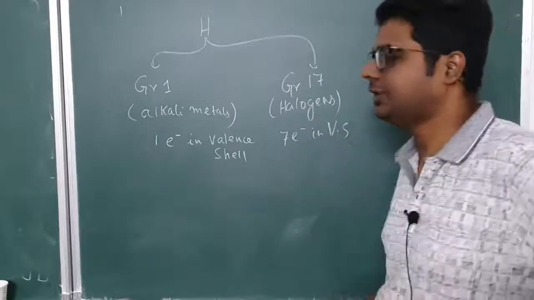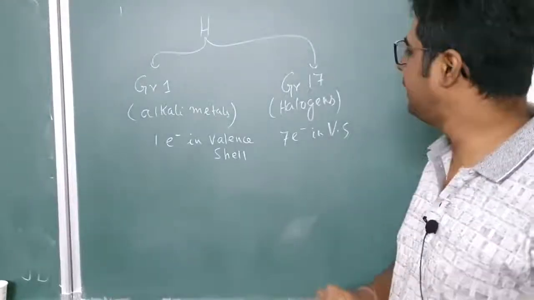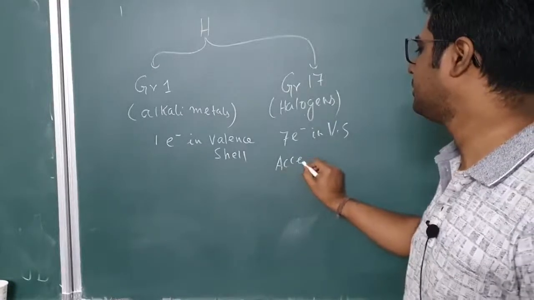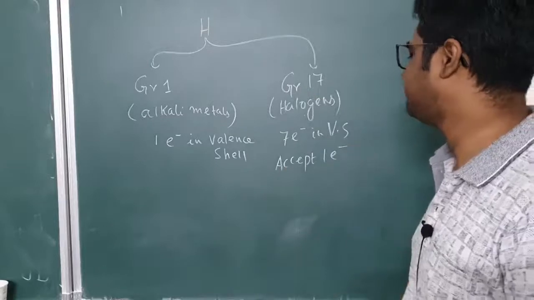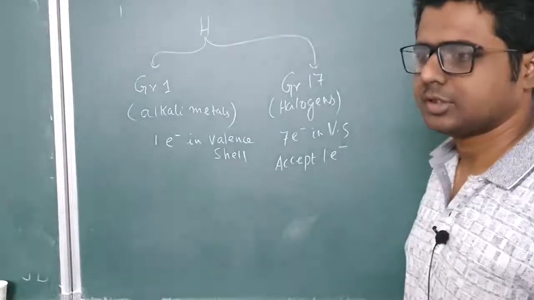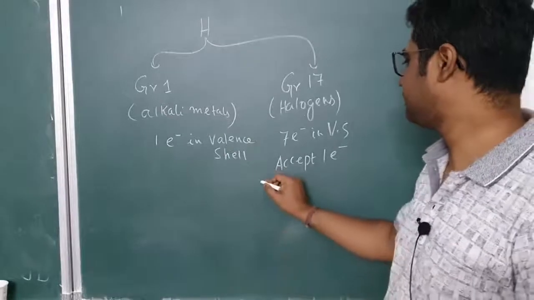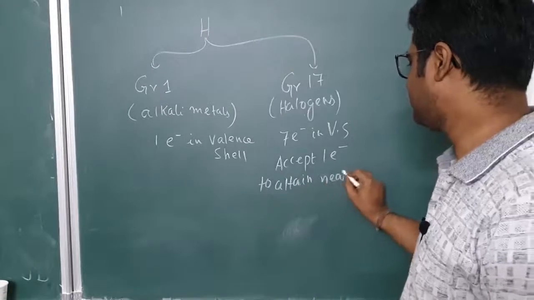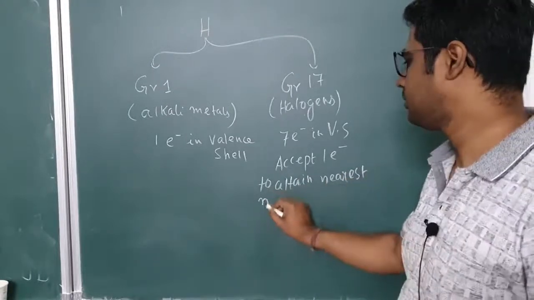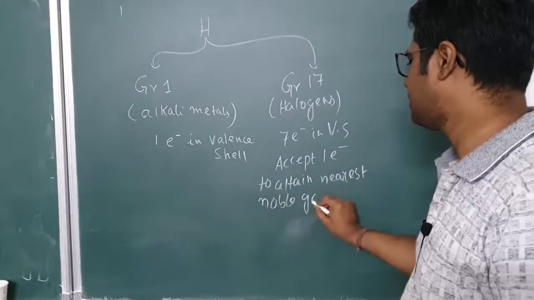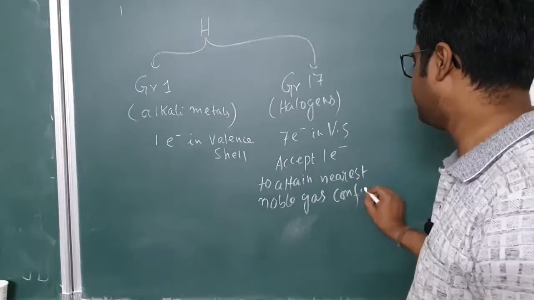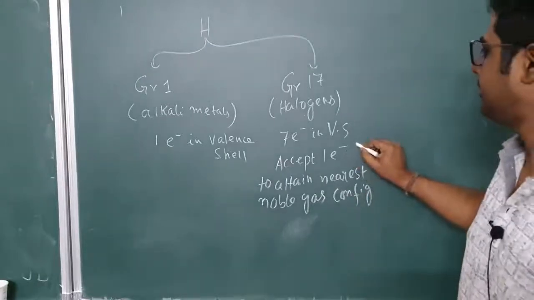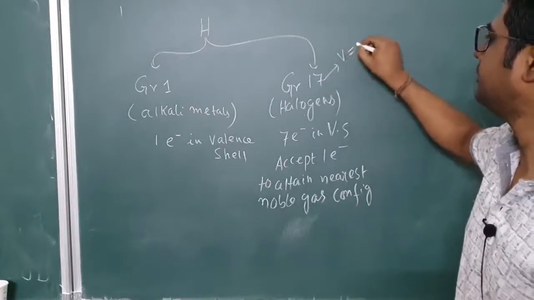Then how does it possess similarity? Because group 17 elements do accept 1 electron to attain the nearest noble gas configuration, okay? And this group 17 also has a valency of 1.